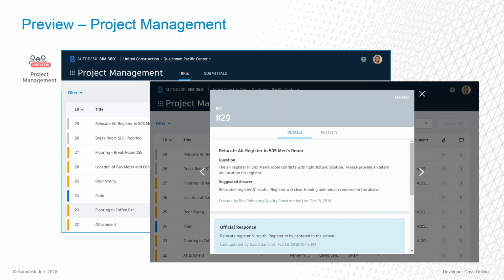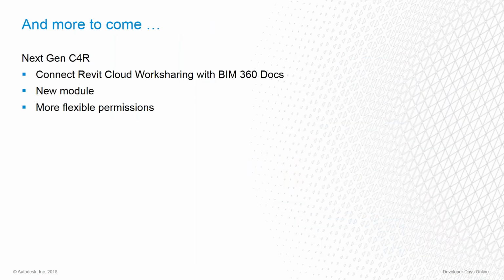And more to come. The next generation of collaboration for Revit is in beta, and hopefully in the near future you'll start seeing it more openly. And this one is connecting Revit Cloud Worksharing features with BIM 360 Docs, and it will be added as a new feature.